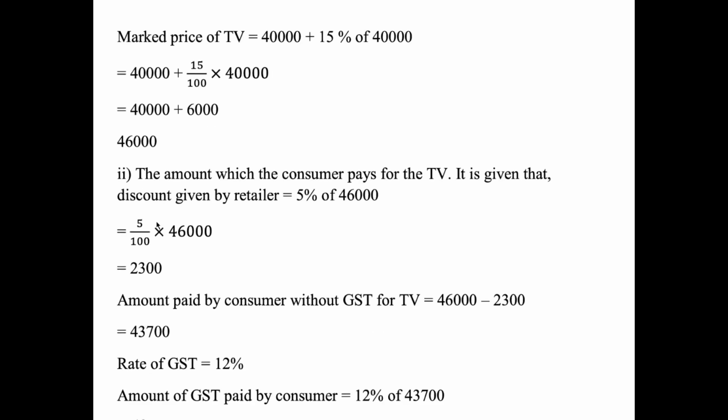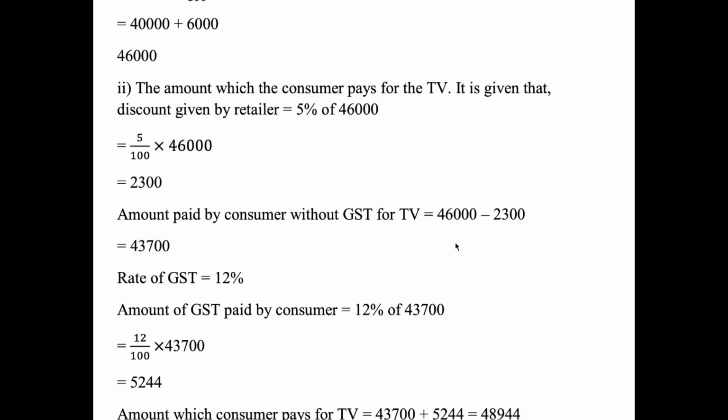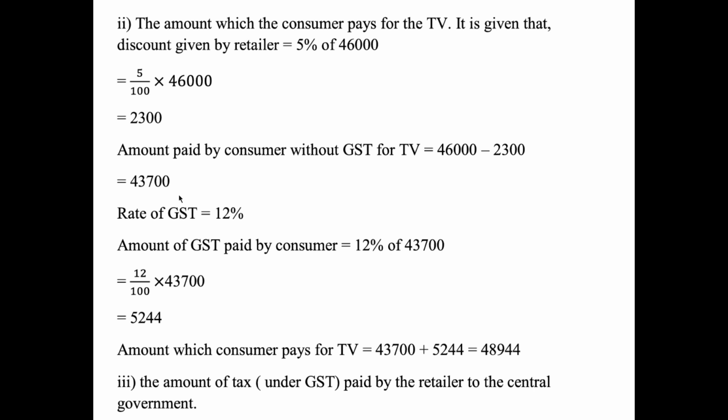Come to the second part of the question. The amount which the consumer pays for the TV. It is given that the discount given by the retailer is 5% of 46,000, that comes to 2300. Amount paid by the consumer before GST for the TV is 46,000 minus 2300, that comes to 43,700.